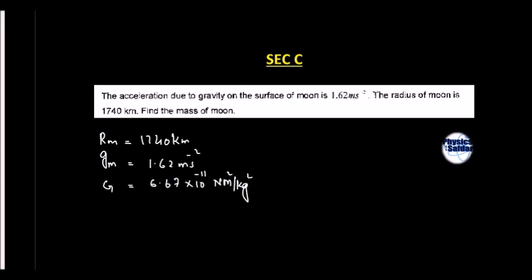And we want to calculate mass of the moon. The mass of the moon you can calculate by using this equation. Mass of the moon is equal to radius of the moon squared multiplied by gravitational field strength at the surface of moon divided by capital G.